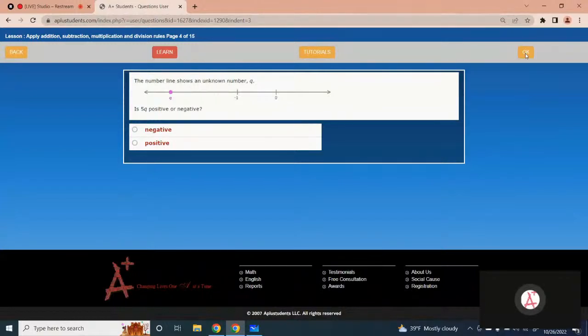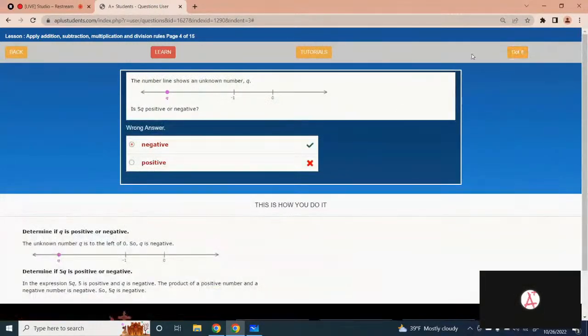Got it? So 5q is negative. So the correct option is positive. Just select the correct option and then click on the OK button. Oh, sorry, negative. Q is negative, so 5q is negative.